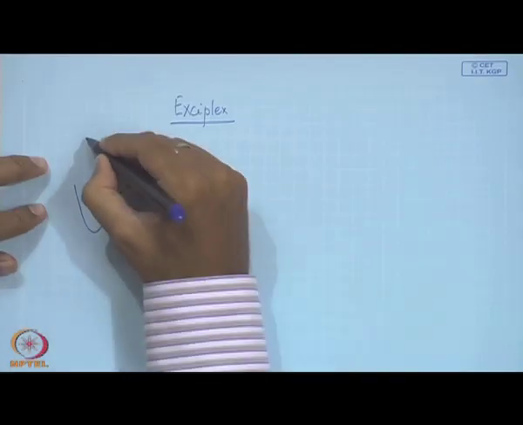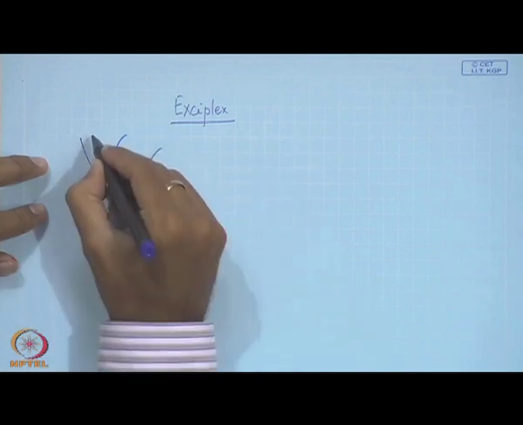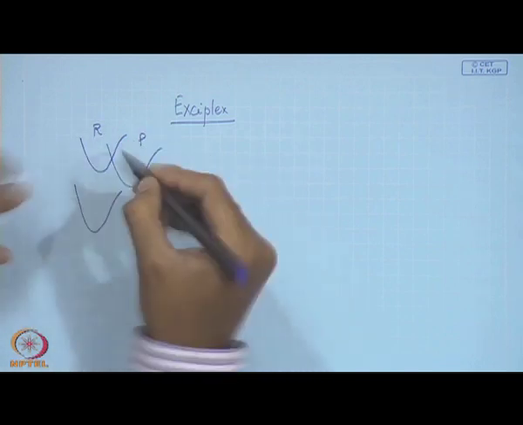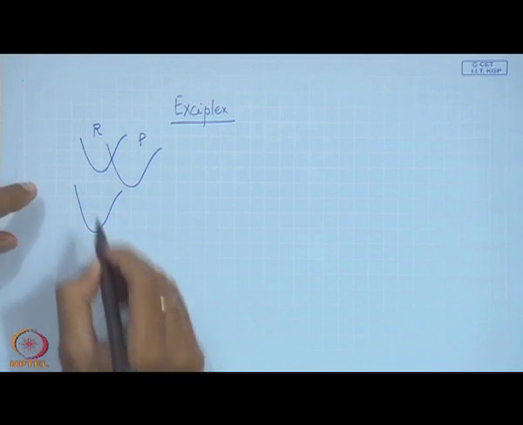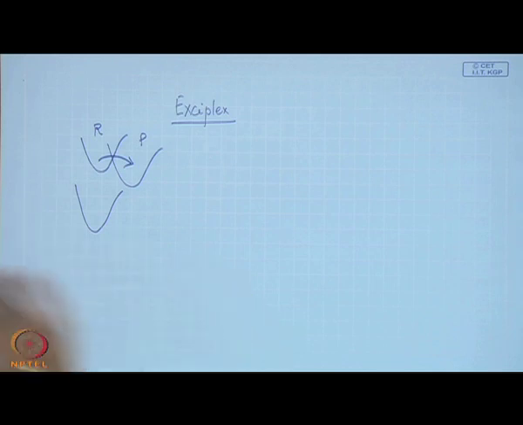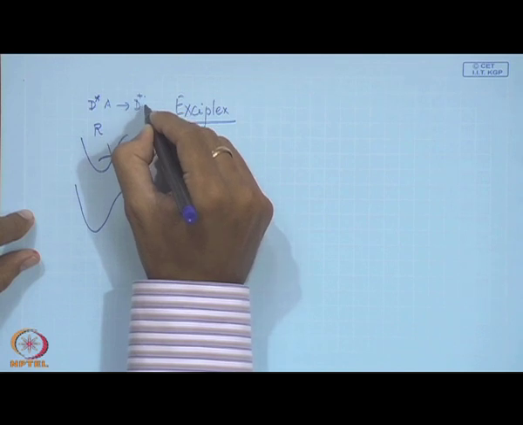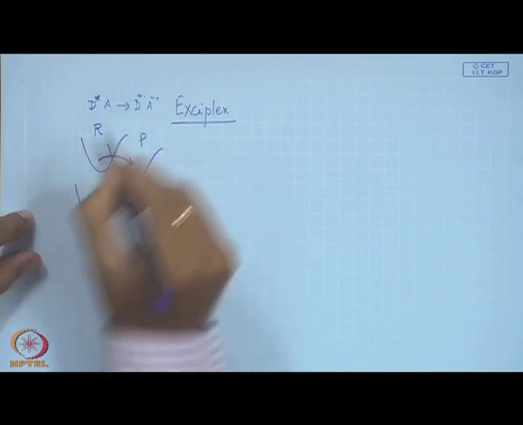A classic example is what we have been discussing with Marcus theory. You have your ground surface, this is your excited surface, and there is a reactant surface and a product surface, and electron transfer takes place, as a result of which from reactant to product there is a transition, so that you get D star A to D plus dot A minus dot.